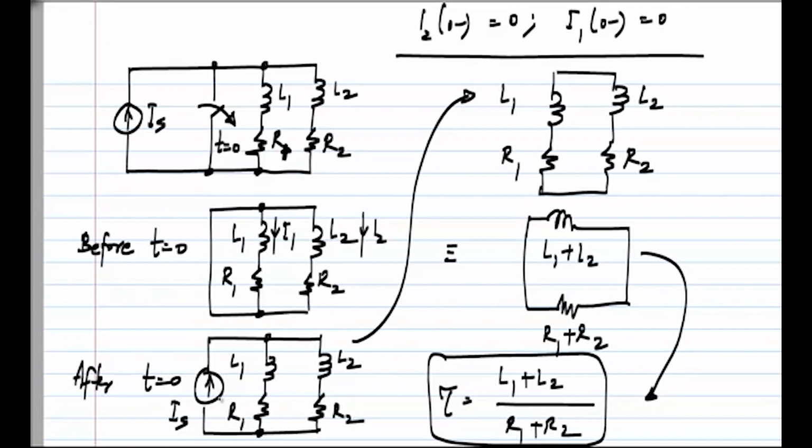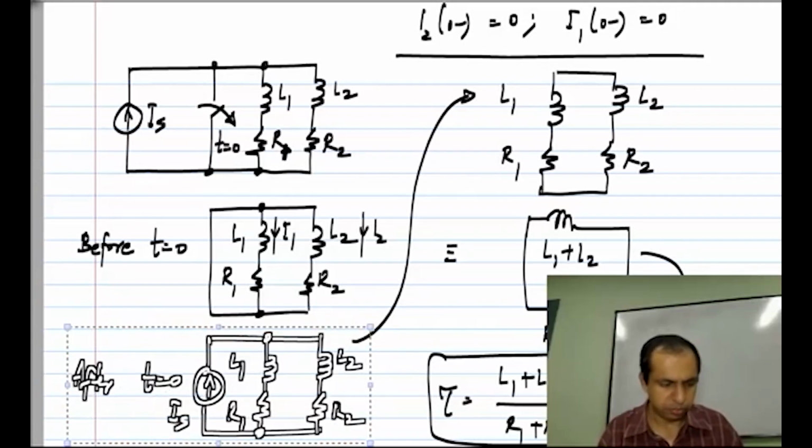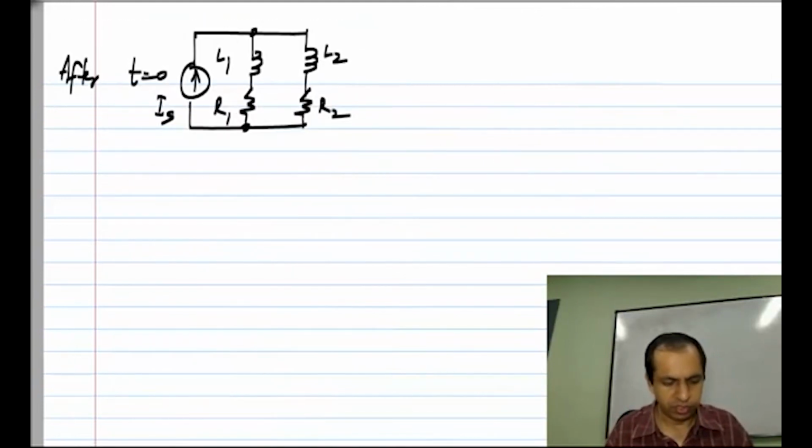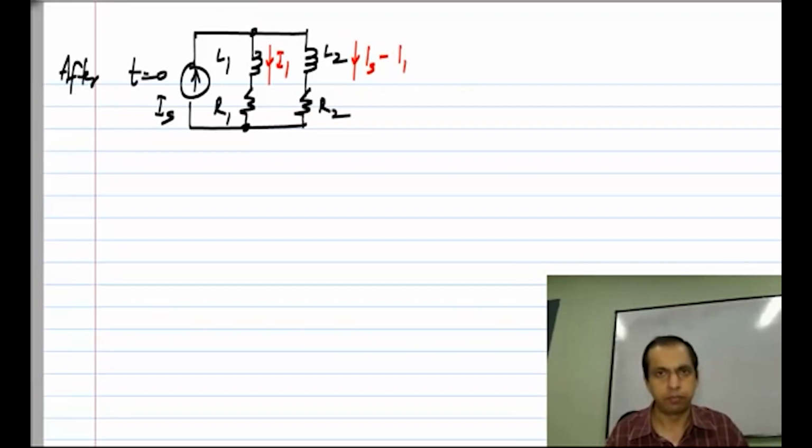We will now evaluate it formally and verify that this is indeed the case. So let me copy over this part of the circuit and write the differential equation. Now we will choose I1 as the variable. I1 is the current through L1, and by Kirchhoff's current law here at this node, I know that the current through L2 is Is minus I1.